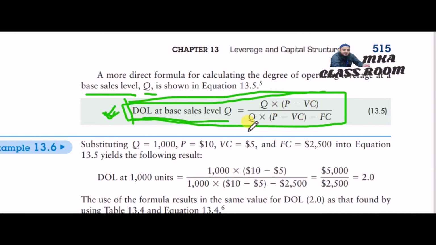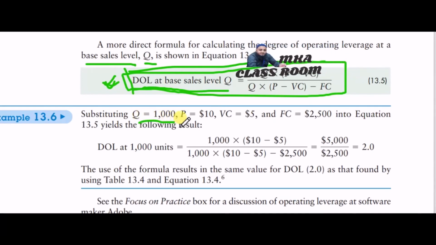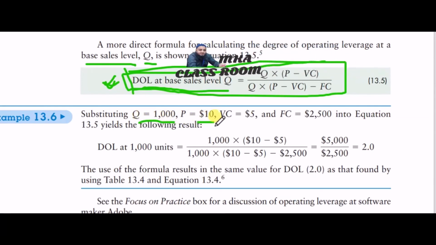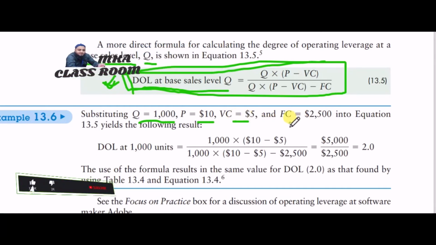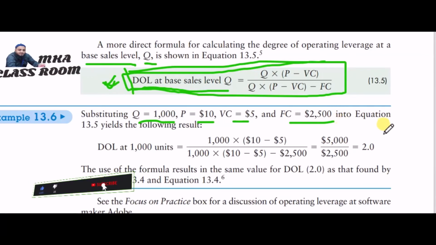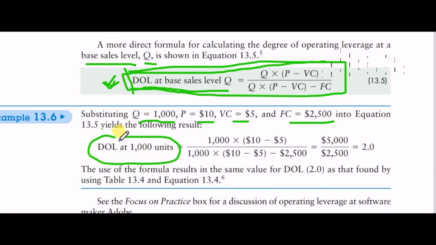Here as an example, substituting our quantity Q 1000, price 10 per unit, variable cost 5, fixed operating cost 2500. What is the DOL at 1000 units?